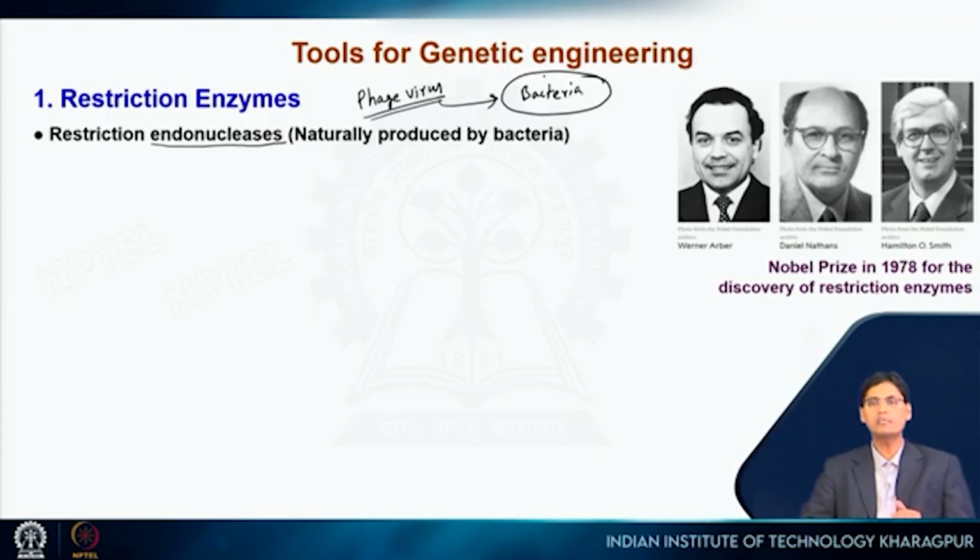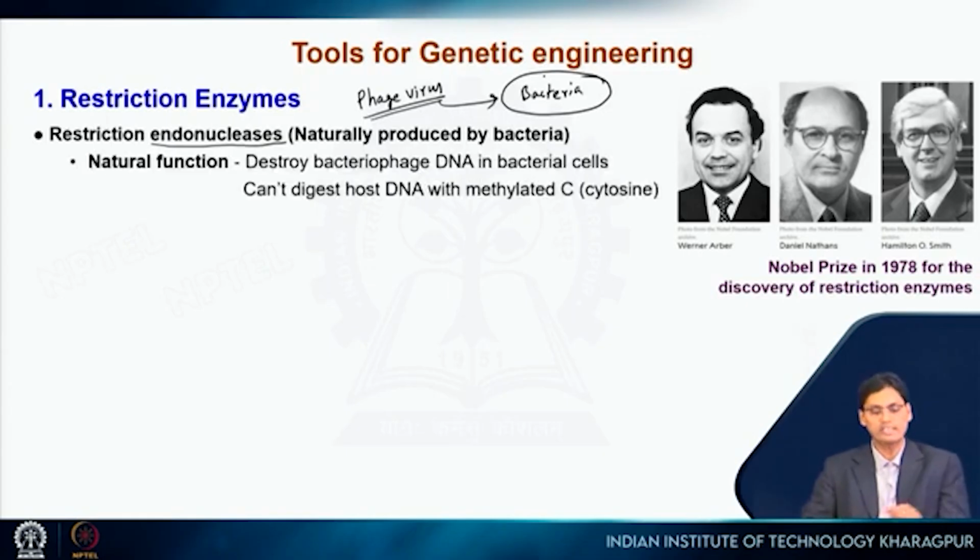Now this enzyme will degrade this foreign DNA. As a result, they cannot multiply inside that bacteria, or they cannot kill the bacteria. So this is some kind of their own strategy to save themselves. But we are utilizing this enzyme for our own good.